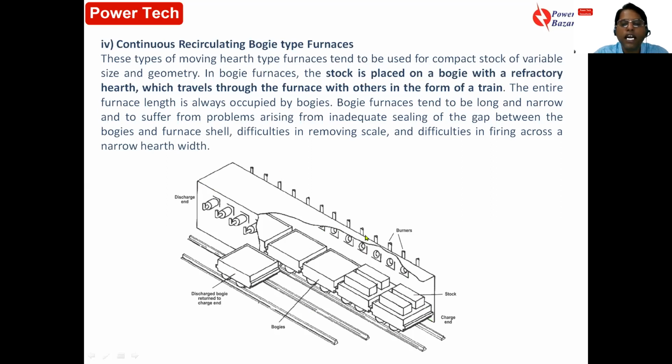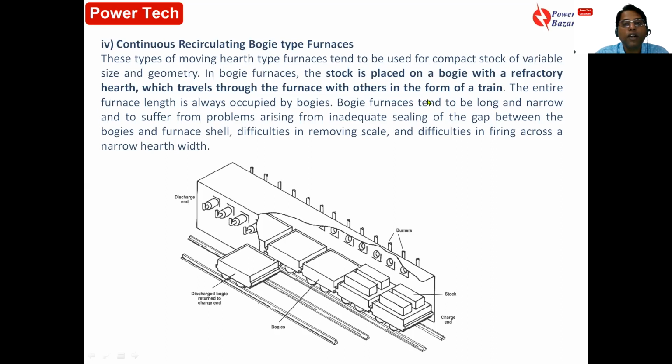But the limitation is that here the length can be high, but the width of the furnace is very less. Again, some heat loss occurs because once the material is heated up, this bogie also gets heated up. So there is a considerable material or energy loss during bogie type furnace. The stock is placed in bogie with refractory hearth, which travels through the furnace in the form of a train.